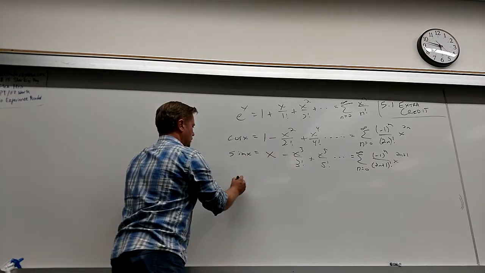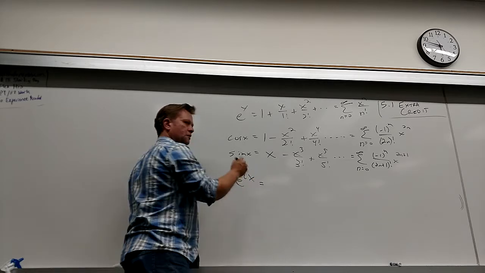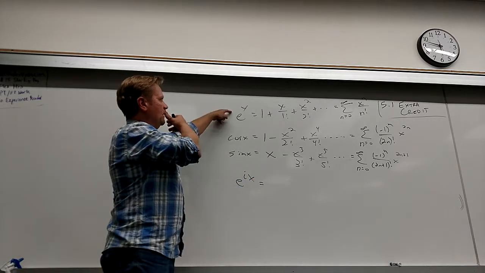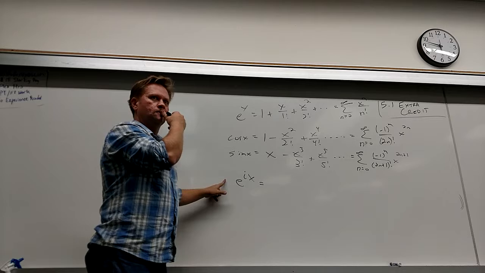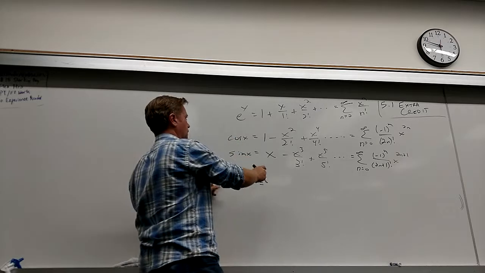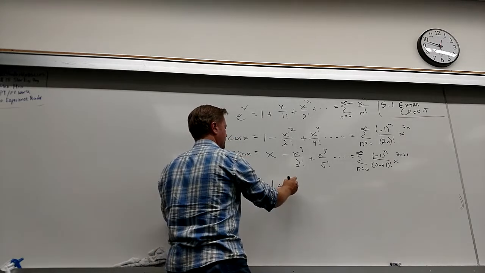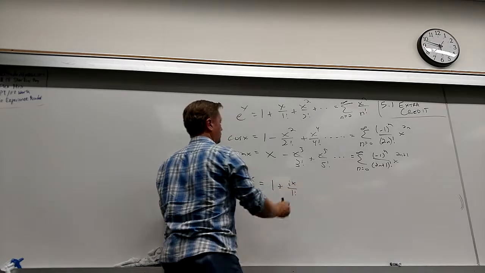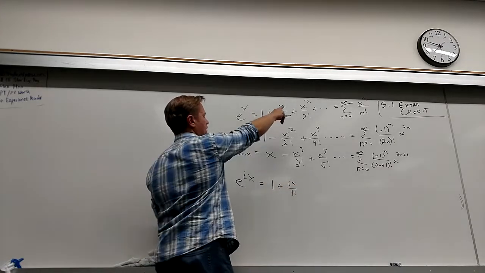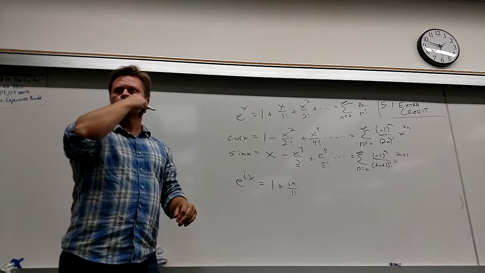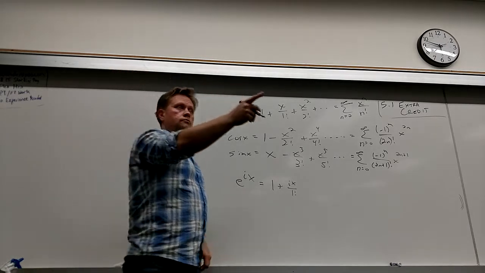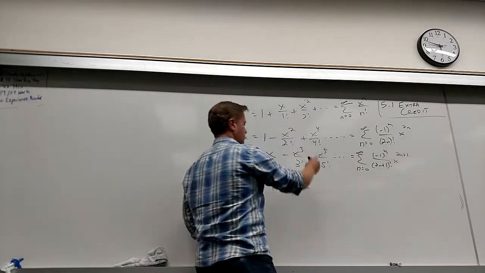So what would e to the ix be? If e to the x is this, what's e to the ix? 1 plus ix over 1 factorial, right? What's ix squared? Negative x squared.